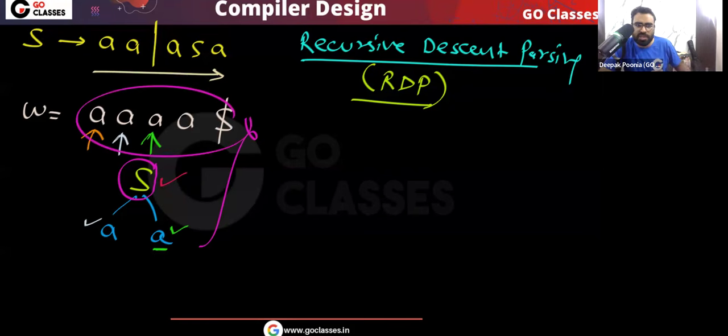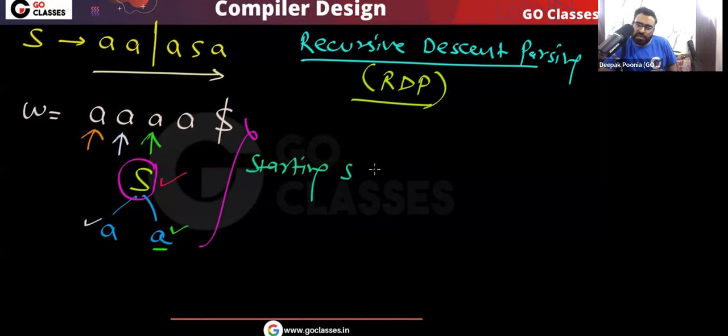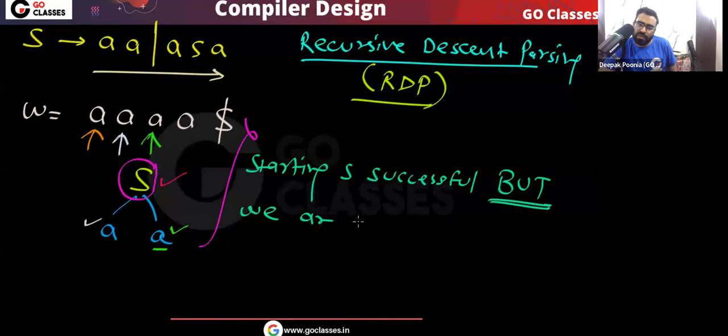But notice one thing, that on the string you are not at dollar, or I can say that you did not consume the entire string. The starting S is successful, that is fine, but we are not at dollar. What does it mean?